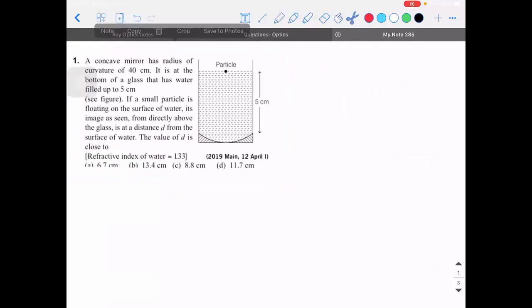There is a concave mirror which has a radius of curvature 40 centimeter. It is at the bottom of a glass that has water filled up to 5 centimeter. If a small particle is floating on the surface of water, its image is seen directly above the glass and is at a distance d from the surface of the water. The value of d is close to.